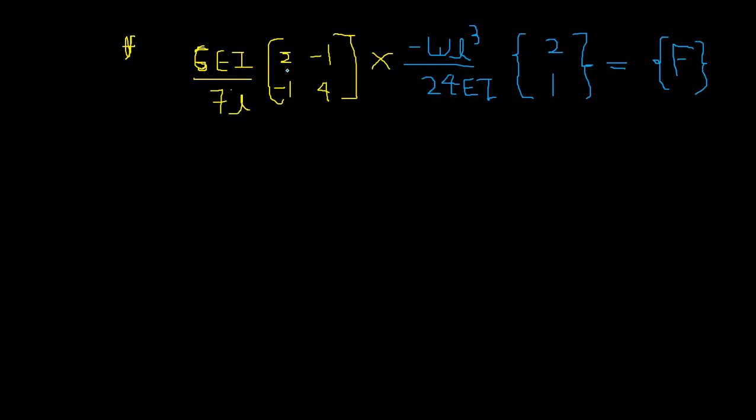So what's this? You can see this EI is cancelling, 1L is cancelling, right? So it becomes, so this is cancelling. So it becomes WL squared negative over 28.